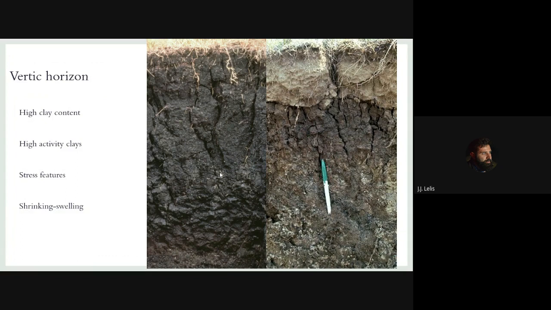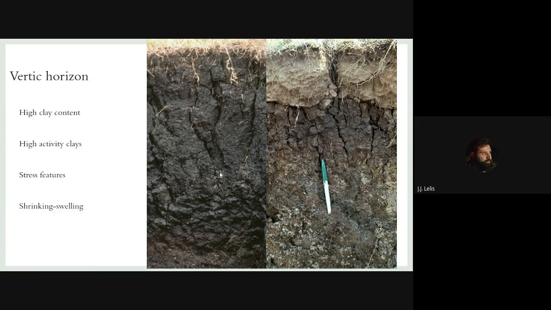But in the wet season, when it starts to rain, all these cracks disappear because the clays increase in size, as there is a lot of water between the clay layers.